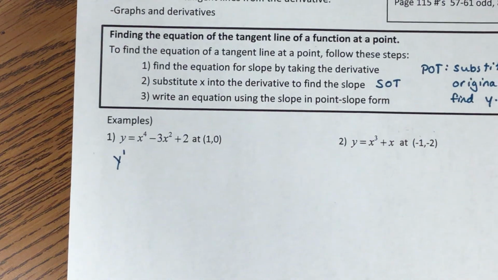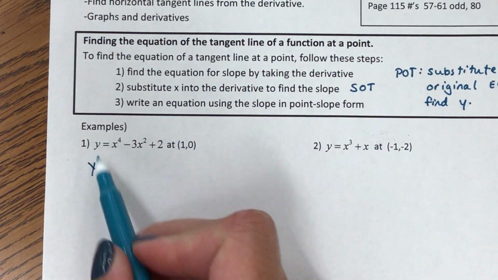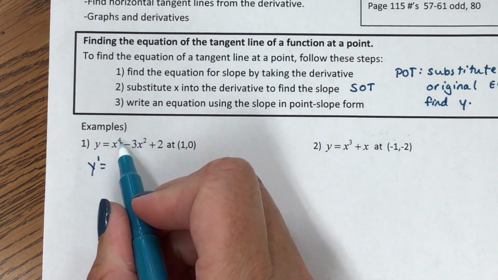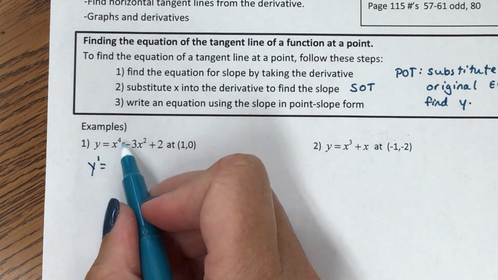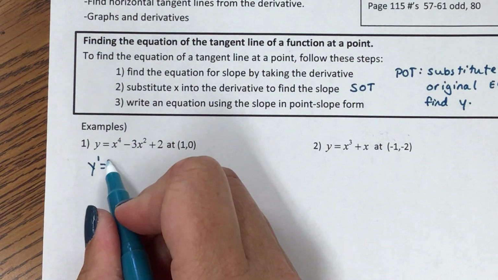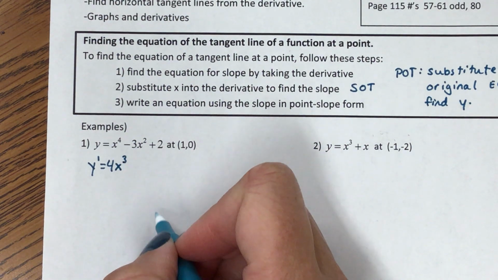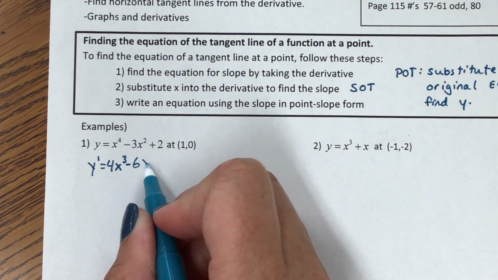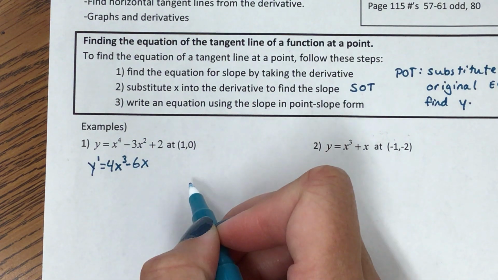All right, example 1, let's start off by finding the equation for slope by taking the derivative. If we start off with y, our derivative is y prime. So our derivative is going to equal, we're going to use the power rule on each one of these terms. So 4 is going to come down in front of the x, and then 4 reduced by 1 is 3, minus 3 times 2 is 6, x to the 2 reduced by 1 is 1, so we're not going to write a 1 there.